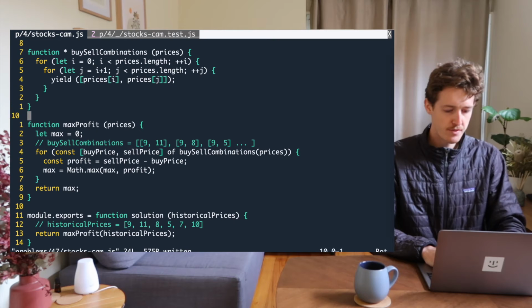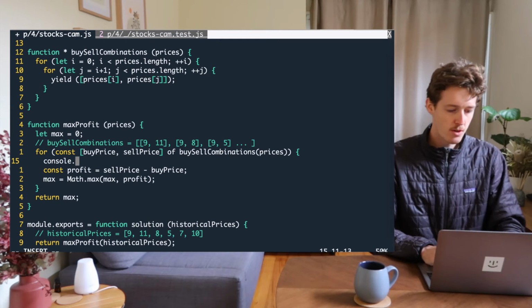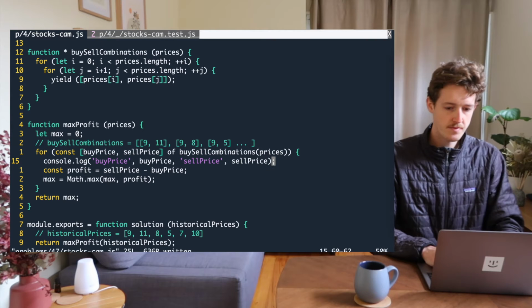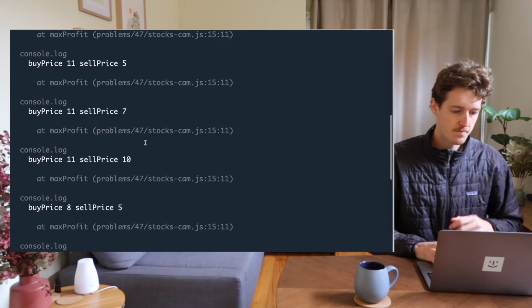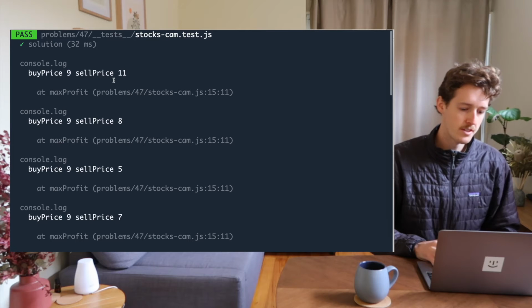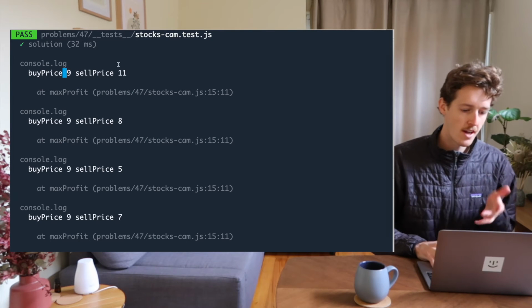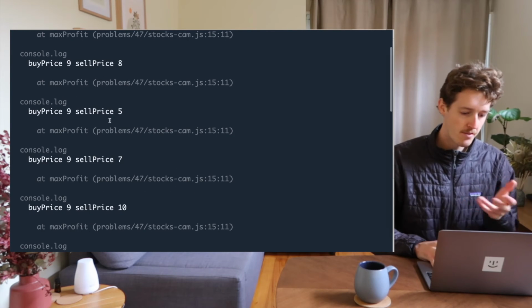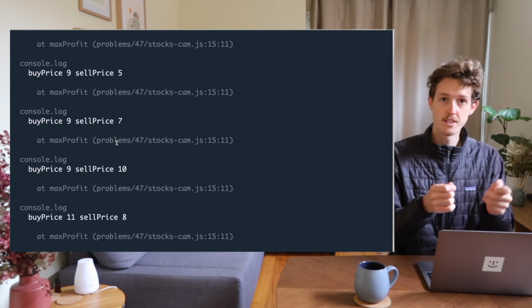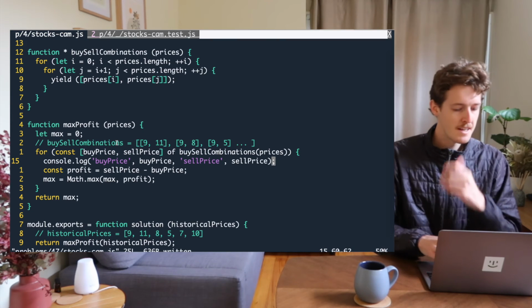So just to give you a sense of what's going on, I'm just going to quickly log the buy price and the sell price. And so you can see we're generating all the different combinations. So you buy at 9, you sell at 11, 9, 8, 9, 5, 9, 7, and the profit is just the difference between the buy price and the sell price.